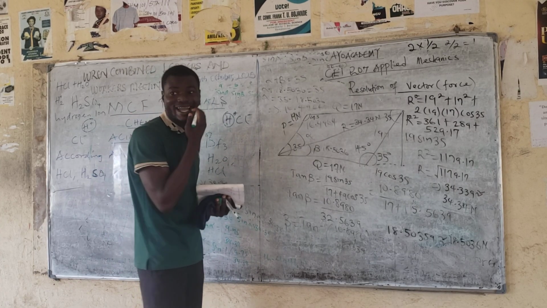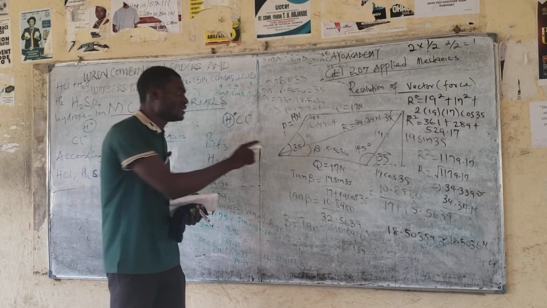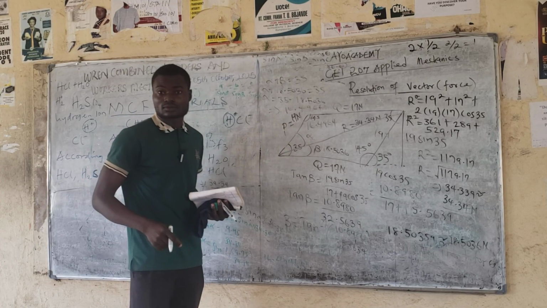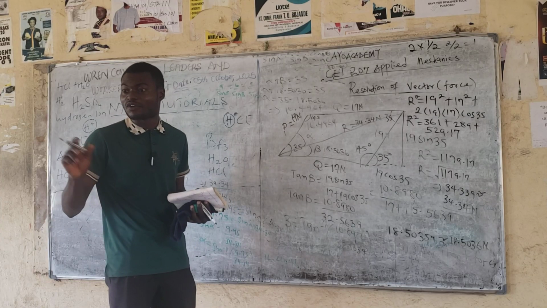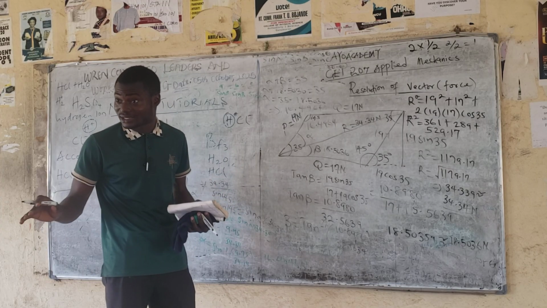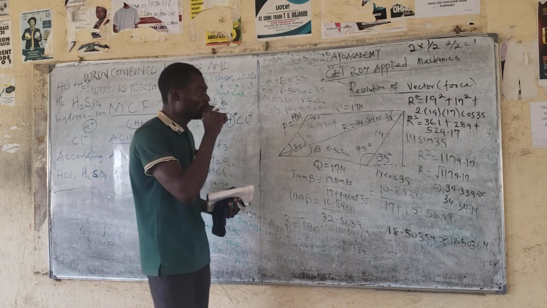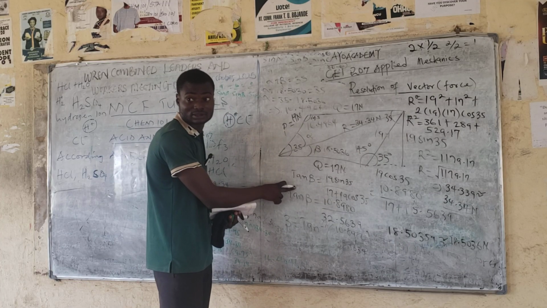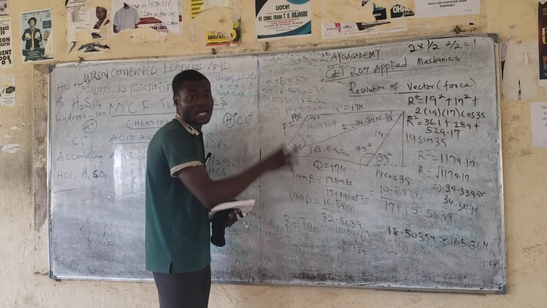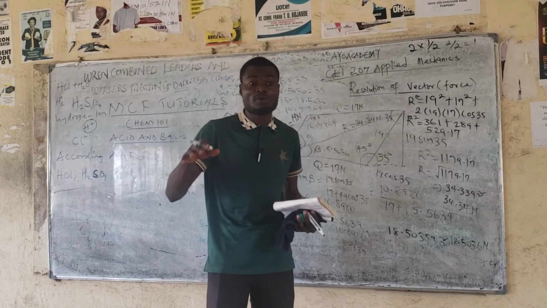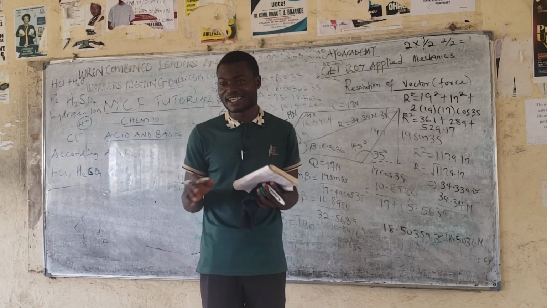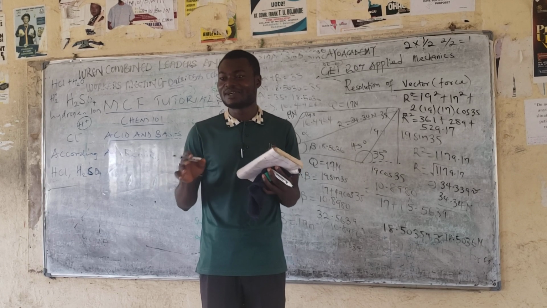So we make use of sine rule to find the angle between either this one or this one, when we have obtained our resultant. Is that clear? But if we have not obtained our resultant, we make use of cosine rule. Is that clear now? And to find our resultant, we make use of cosine rule. So we have come to the end of today's tutorial.